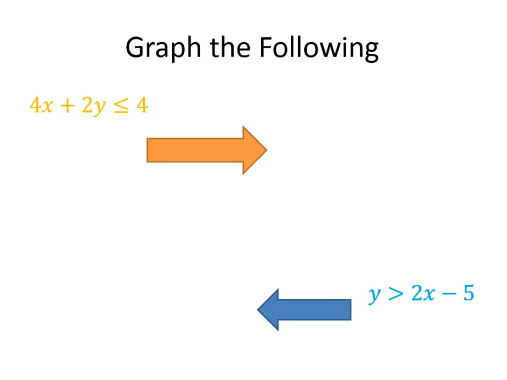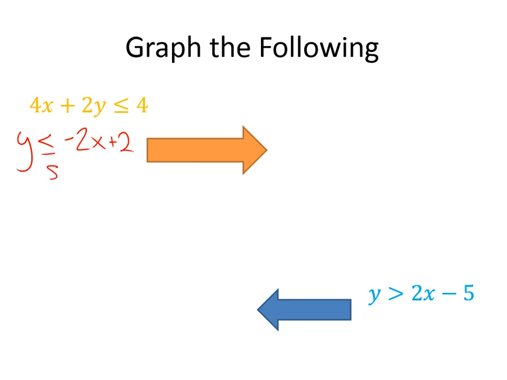Alright, so now graphing these. The first thing you have to do here is get it equal to y. So you go y is less than or equal to, and so on. Move the 4x to the other side, divide by 2, getting us y is less than or equal to -2x plus 2. And now we're going to graph that function. The first thing is, is it a dotted or a solid line?